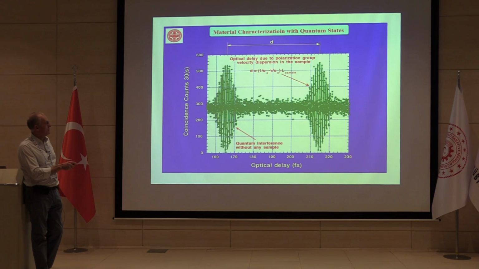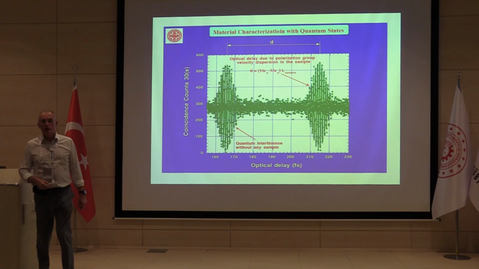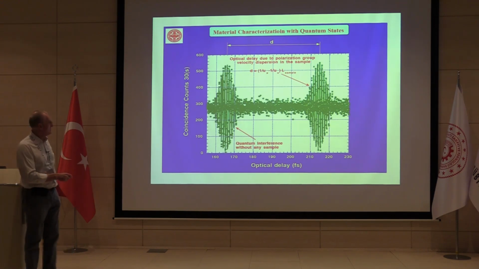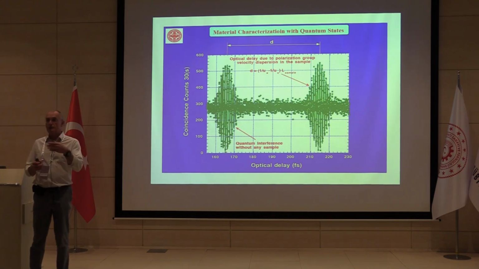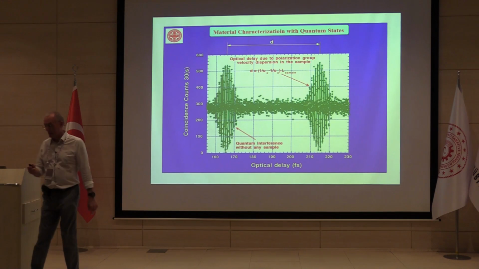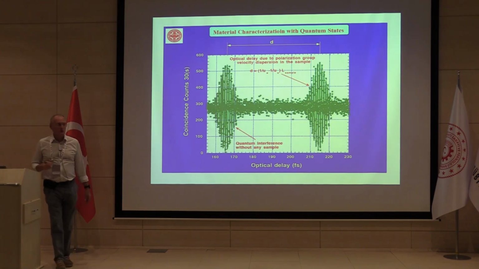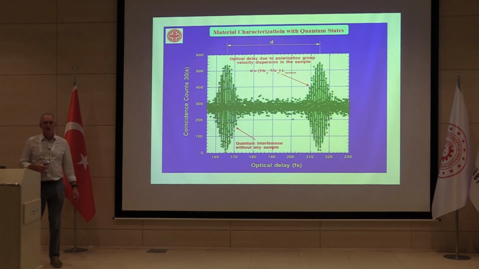So you measure the difference between group velocities of the ordinary and extraordinary wave inside the sample of length L with sub-femtosecond resolution. Why sub-femtosecond? Because the whole fringe here is 1 femtosecond. The displacement can be measured to a portion of that fringe. So in fact, you can go to about 10 attoseconds.